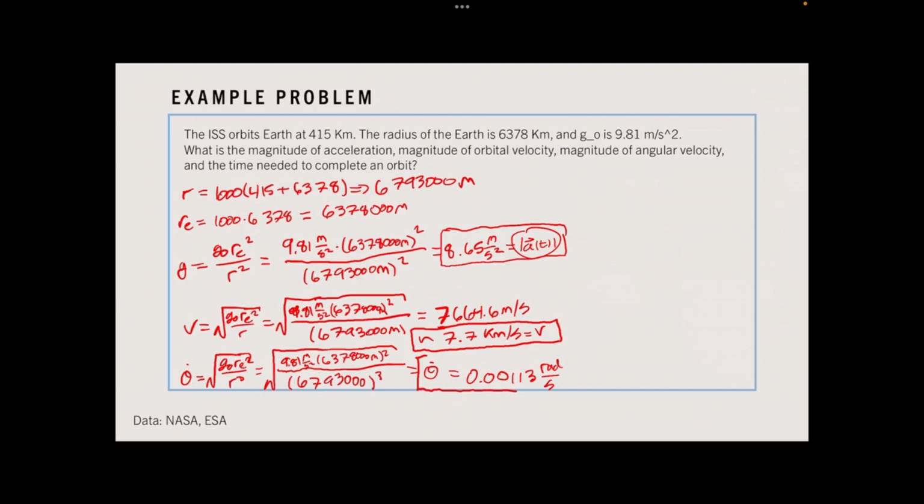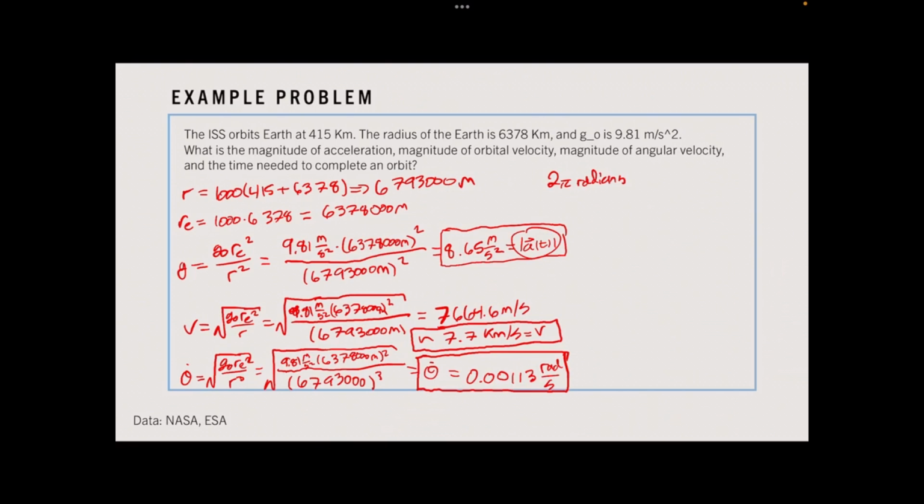And now we can use this term for the last part of the question, finding the time it takes to complete one orbit. One orbit is one circle, which has 2 pi radians. So we just do some dimensional analysis.